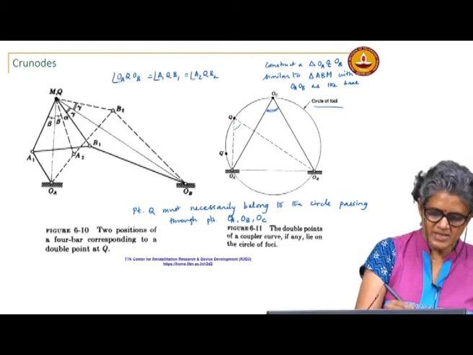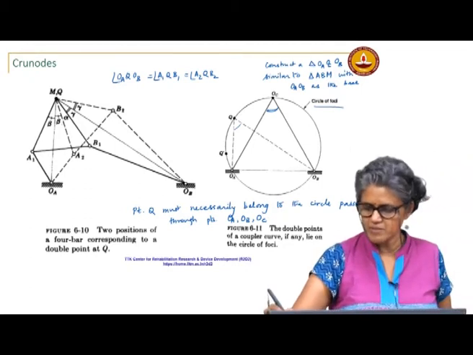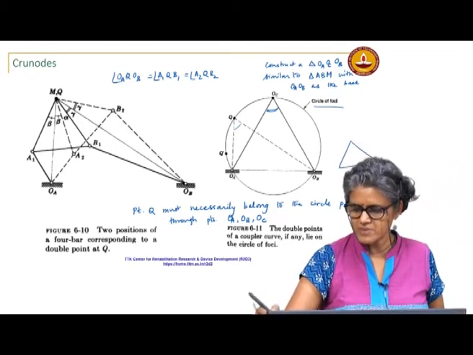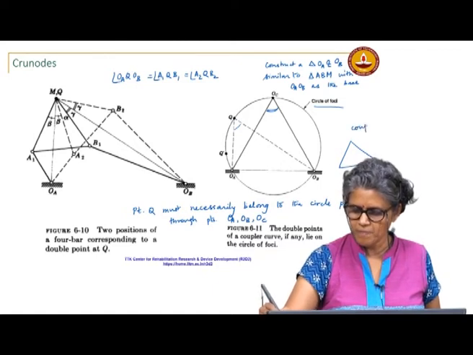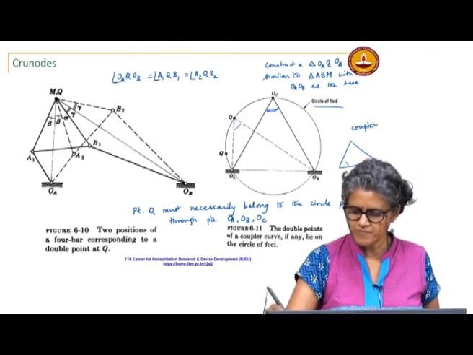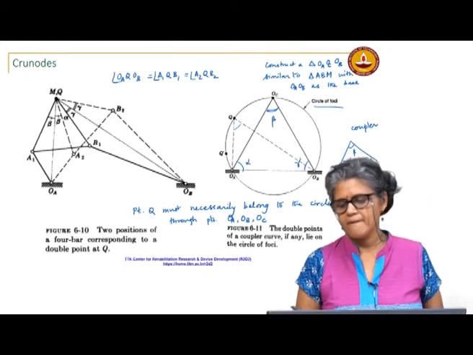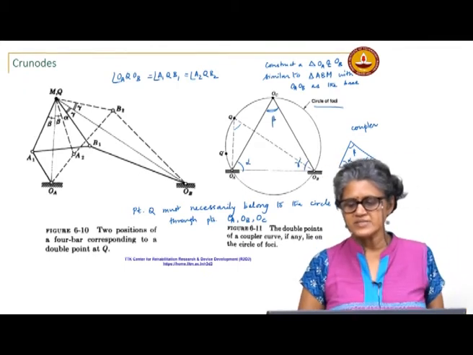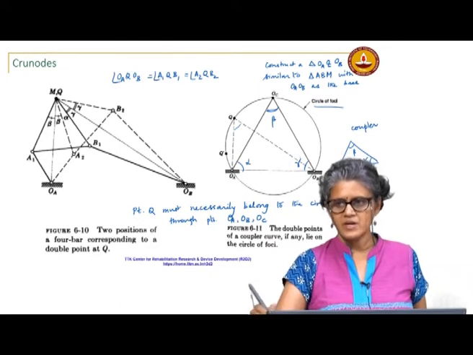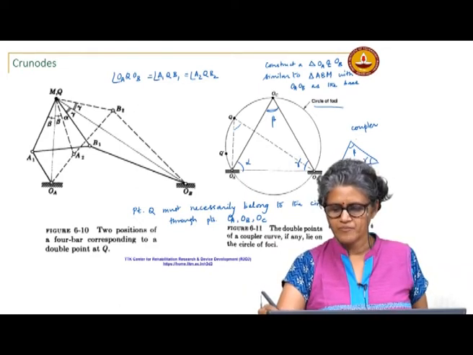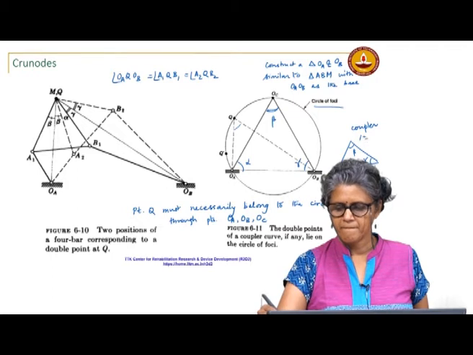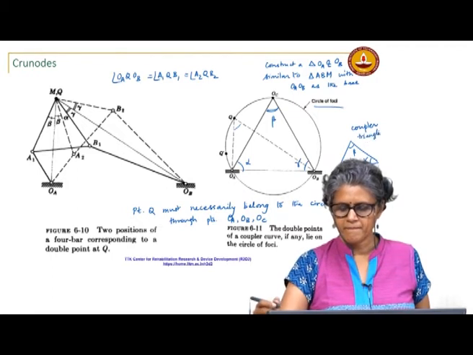If this is my coupler, the circle is constructed from a triangle that is similar to the coupler triangle. So basically, we construct this circle by finding a singular point in which we have a crunode and then finding other crunodes.